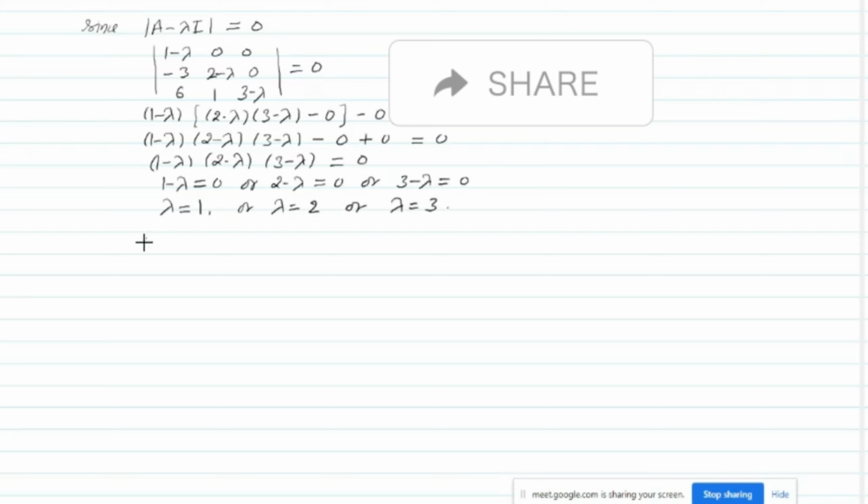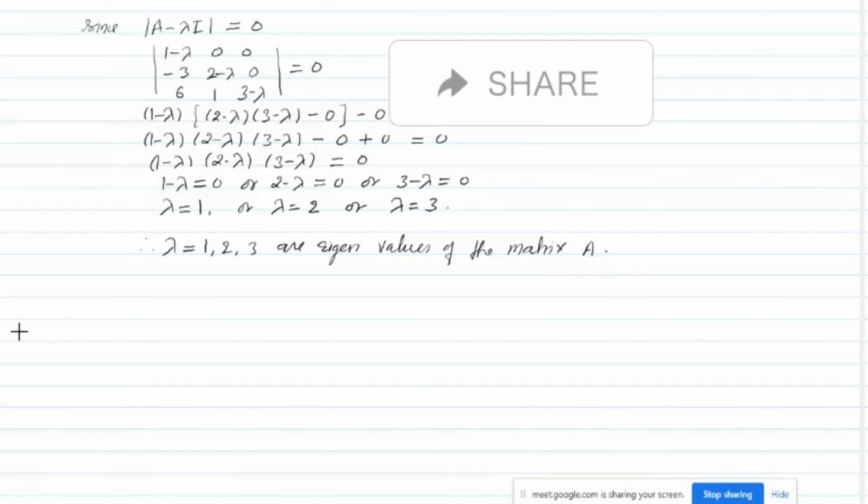Therefore lambda equal to 1, 2, 3 are the eigenvalues of the matrix A. Okay, so this is the first step.